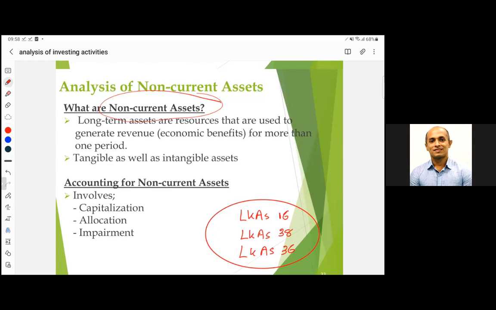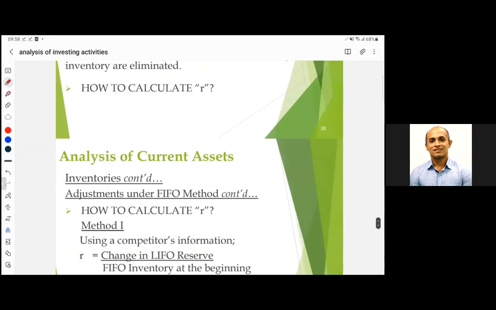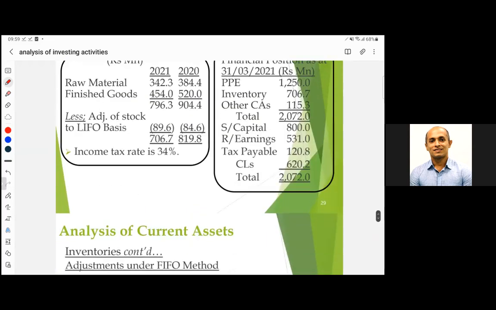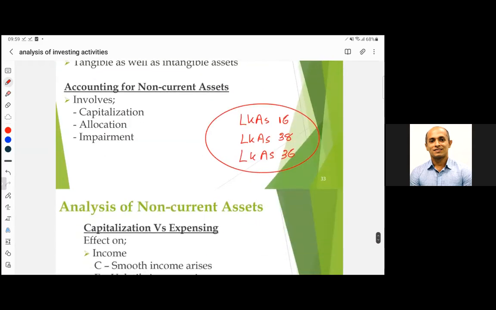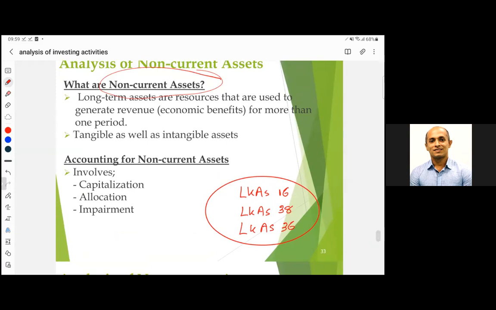In addition, for the analysis of receivables, you should have studied the financial instruments standard. There's a separate IFRS and LKS for financial instruments.